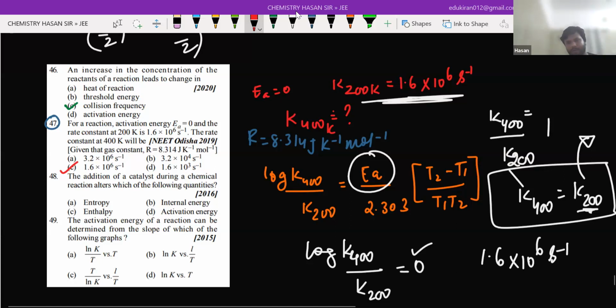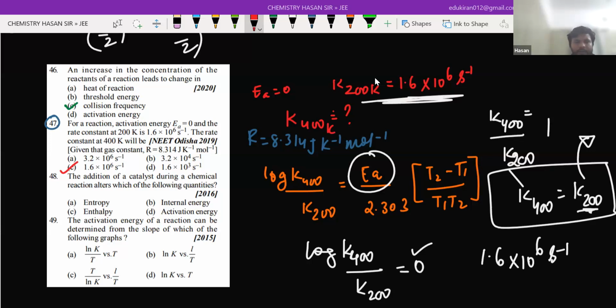Very good. For 49, you have given the correct answer. Any answer for 48?